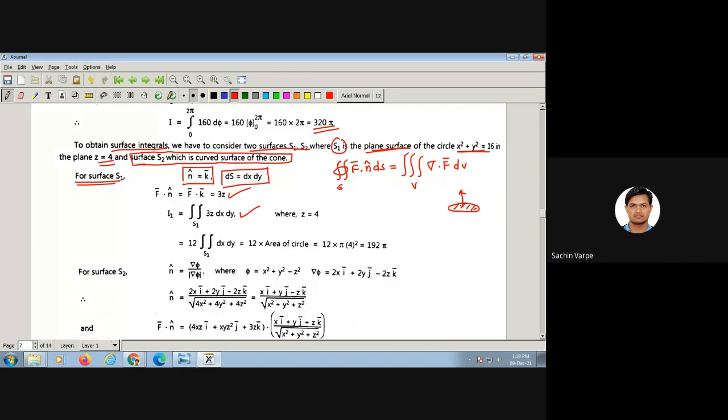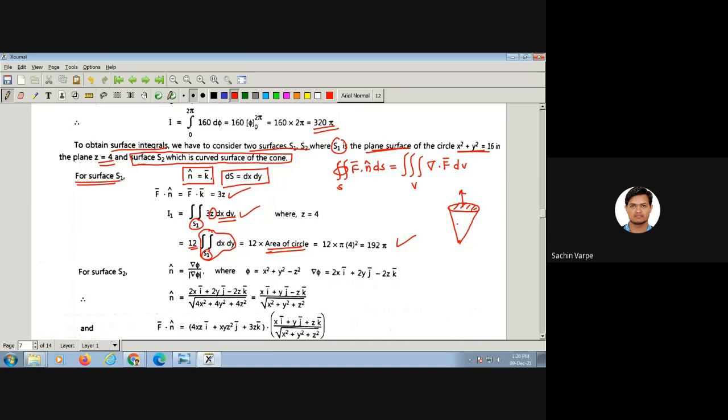As we are integrating over this circle at height z equal to 4, I can substitute z equal to 4, so that will be 12. I can write it outside, and double integration of dx dy over S1. But S1 is a circle, and this is the formula for its area, so the area of the circle is 16 pi. Now along the curved surface of this cone, we don't know whether it is in coordinate planes or what.